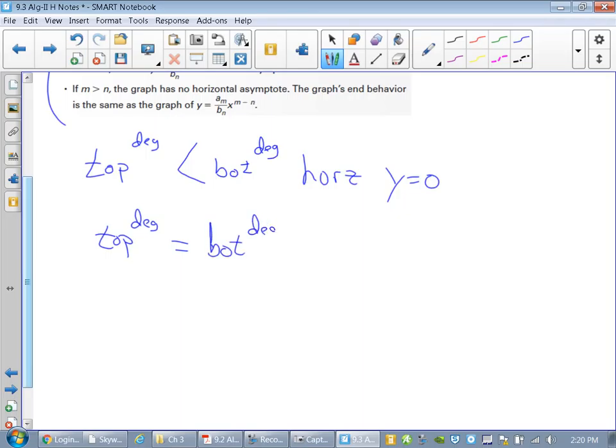It looks like we're exactly right. I'm rewriting it out. The horizontal asymptote will be at y equals a over c. Think of it as the leading term coefficients. It's the same thing as it was yesterday, the same thing when you had the same degree. So it's just leading term coefficients. So these are your lead coefficients.